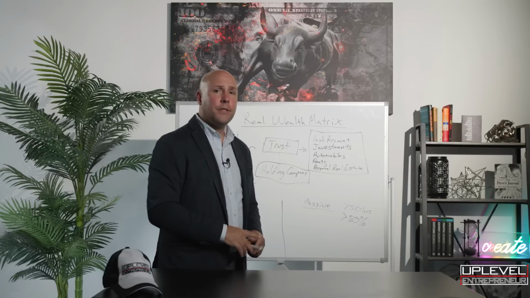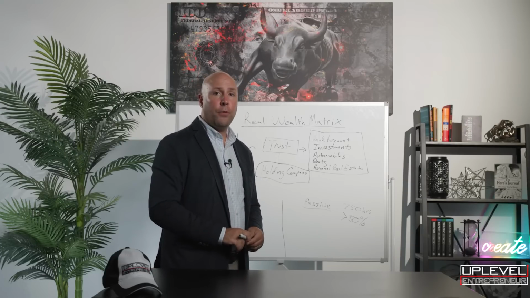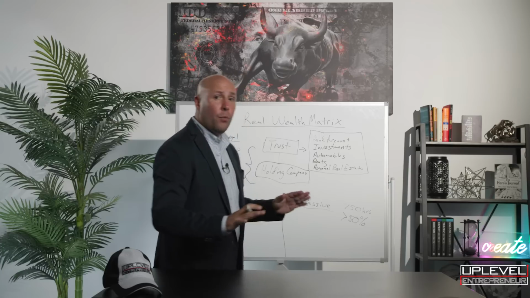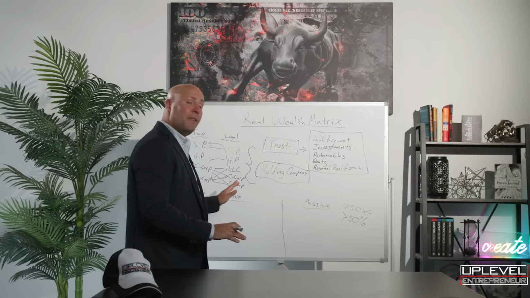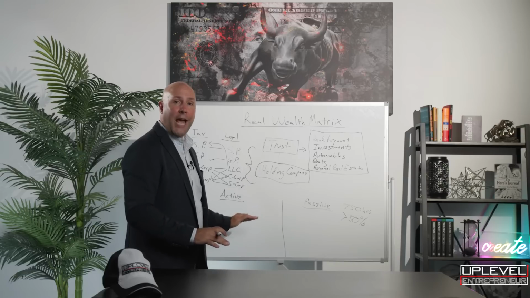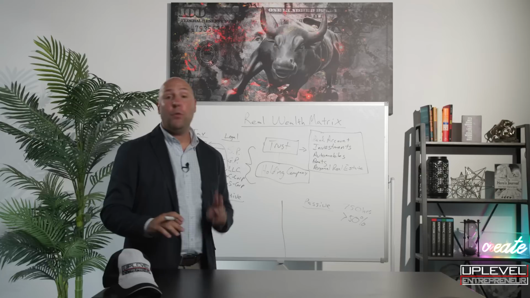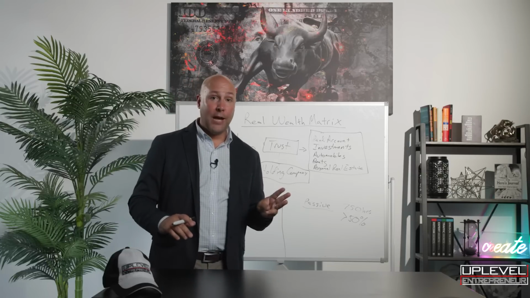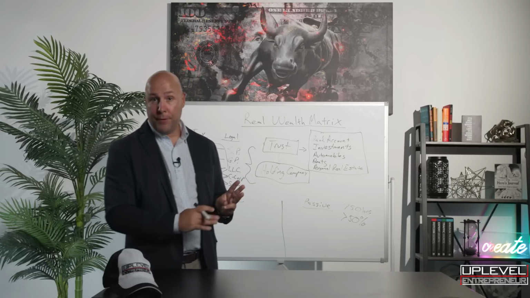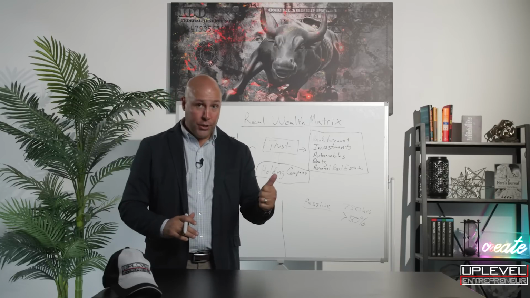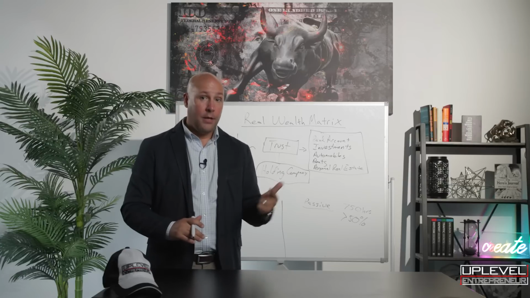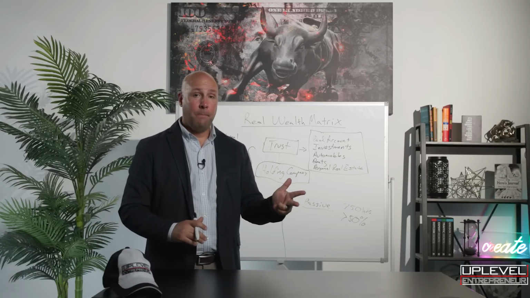And I talk a lot about this in some of the other programs that we have available through Uplevel Entrepreneur. But here, what I want you to understand is that there are different ways to reduce your tax burden, and they fall typically within one of three different categories or some hybrid of the three. Again, deductions, credits, and exclusions from income.